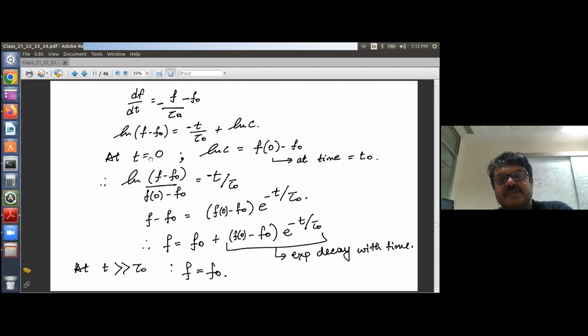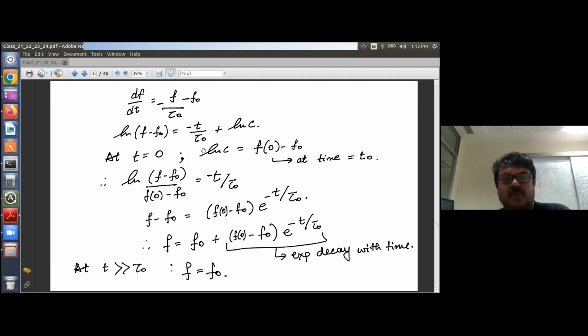Now at time t equal to 0, you assume whatever the distribution function is, and you would get ln c equal to ln of f at time 0 minus the equilibrium distribution function.